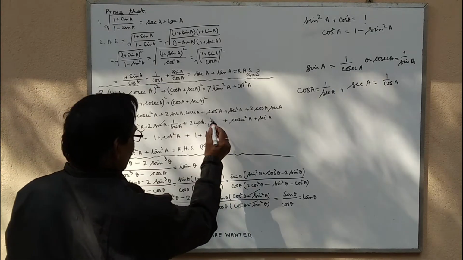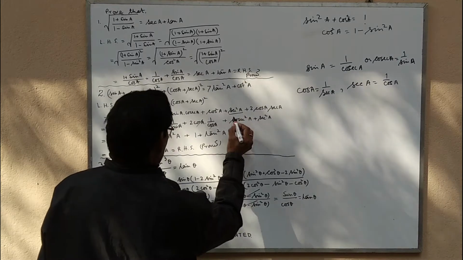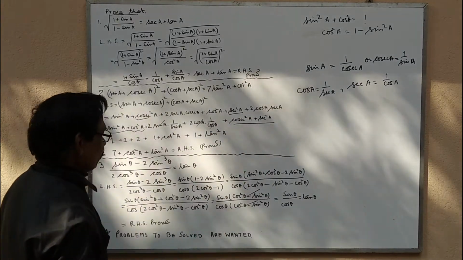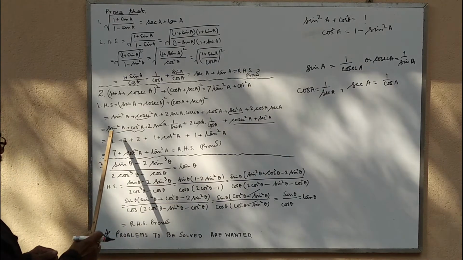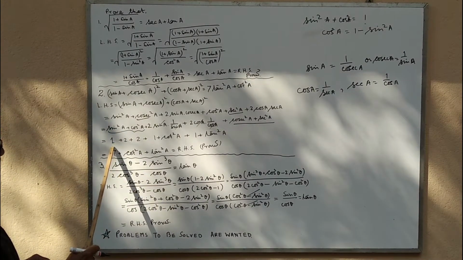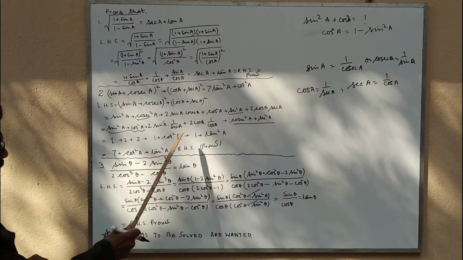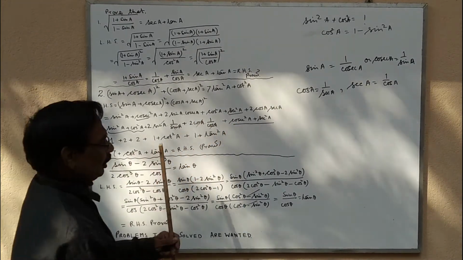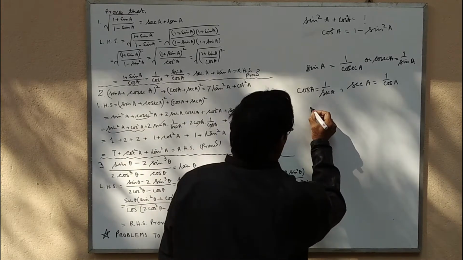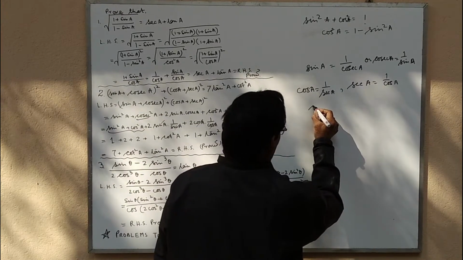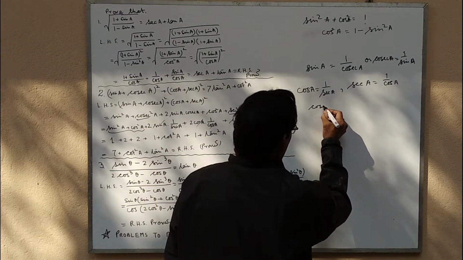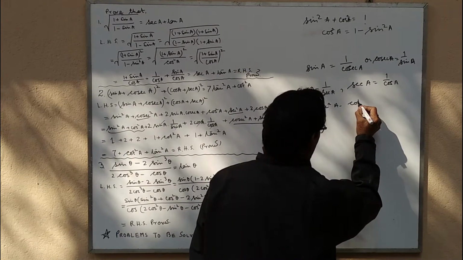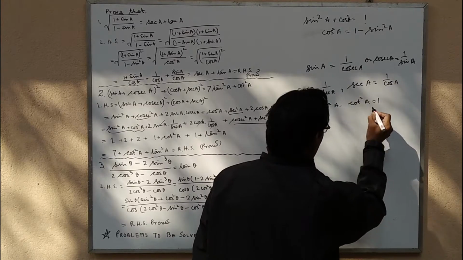This is sec square a and cosec square a. Sin square a plus cos square a equals 1. This is 2, here it is also 2. And cosec square a minus cot square a equals 1.